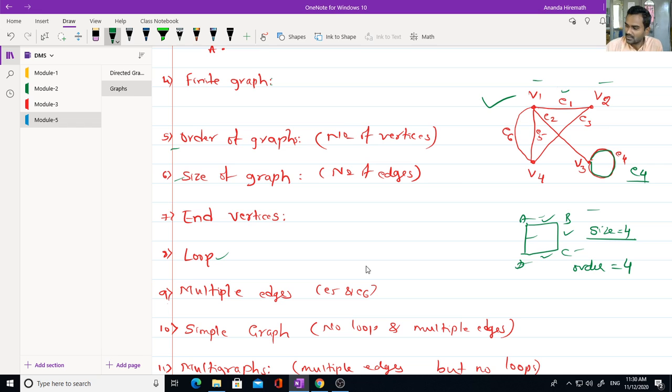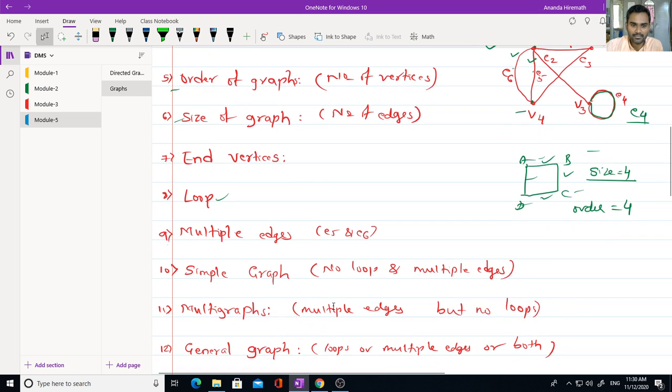Okay. Then multiple edges. Now if you consider this graph again, between V1 and V2 there are two edges, E6 and E5. So we can call these two edges multiple edges because these two edges have common end vertices. Okay. Now simple graph.